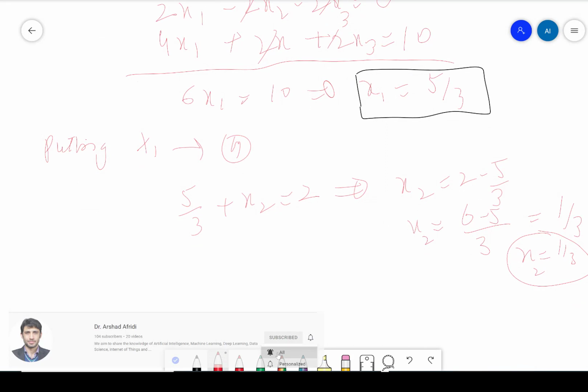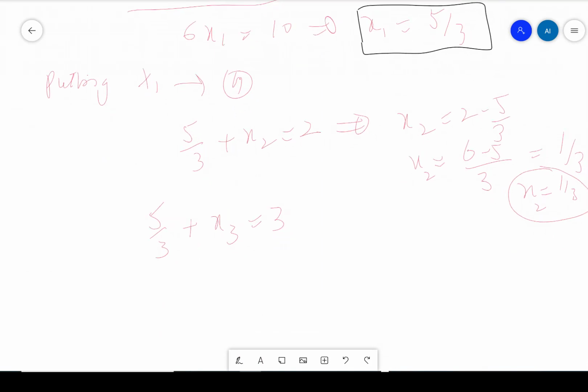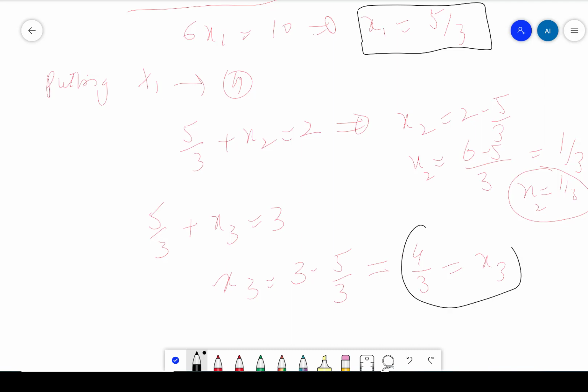Since the equation is x1 plus x3 is equal to 3, by putting the value of x1, 5 by 3, into equation number 5, x3 is equal to 3 minus 5 by 3, which makes 9 minus 5 divided by 3, so the value of x3 is 4 by 3.